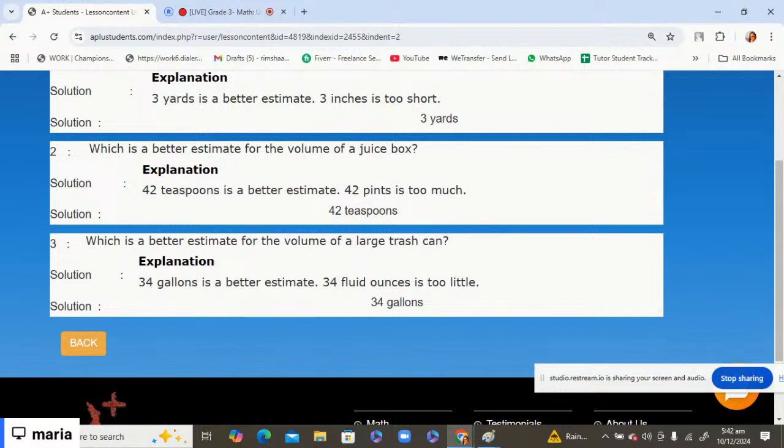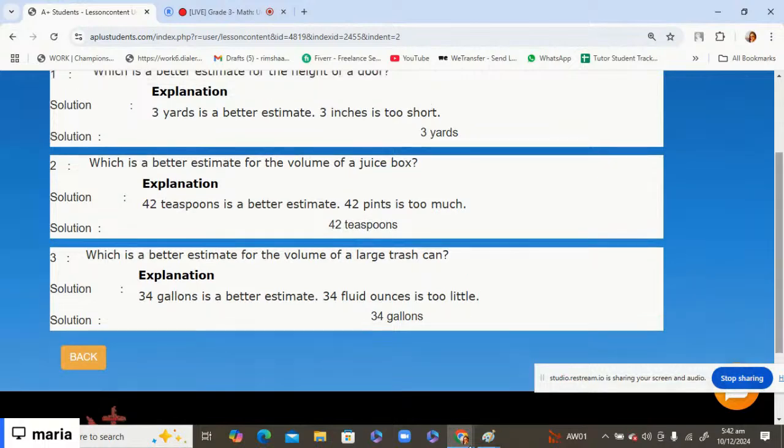Gallons, very good. Why are we using gallons? Because it's a large trash can. That's why we are using this. Let's move to the next.